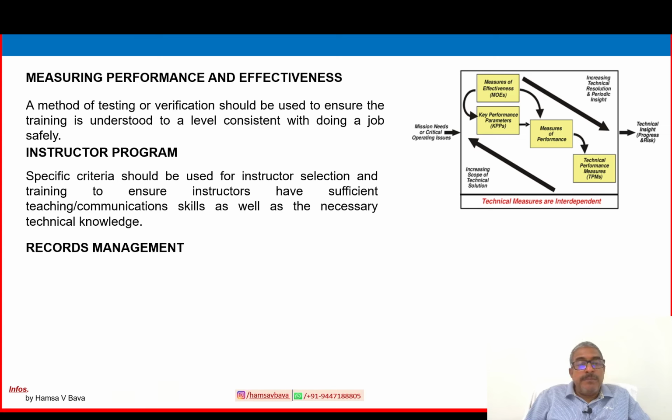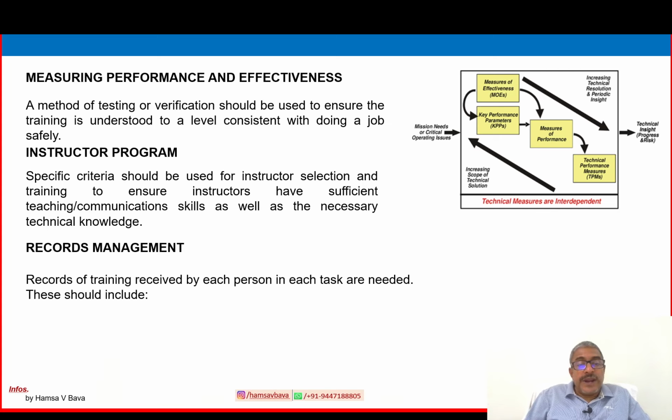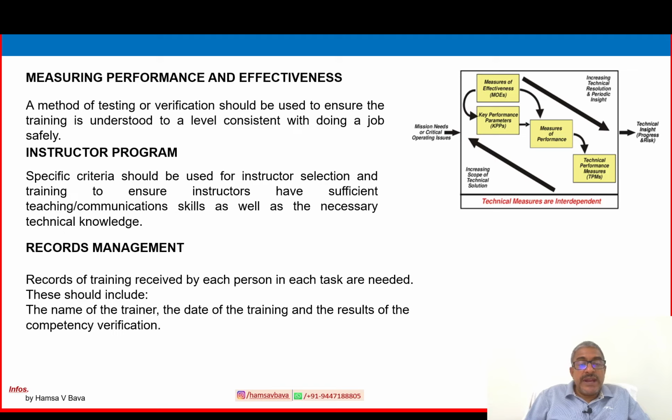Record management, maintaining the record of training. A record of training received by each person in each task is needed. It should include the name of the trainer, date of training, and the result of the competency verification. This document is then used to track training received and to schedule retraining at a later stage.